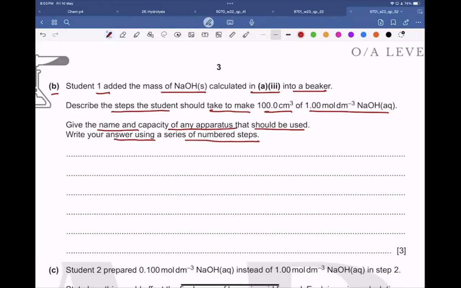Okay. So what we are going to do? Next, after this, dissolve the solid in a small amount of distilled water.